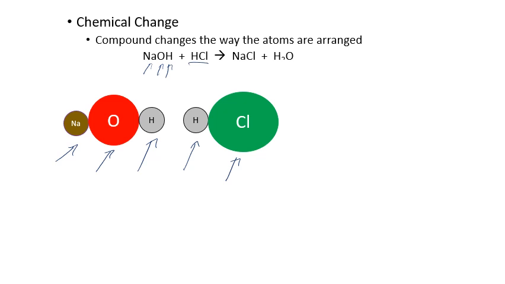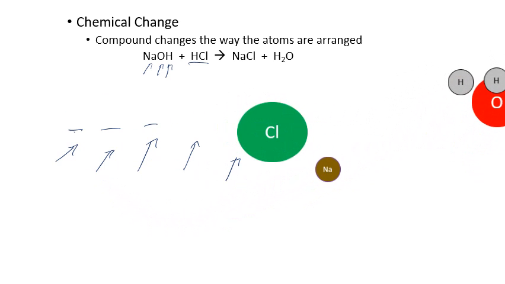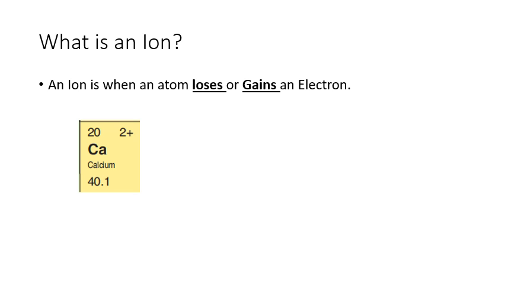Na, O, and H are all bonded together, and what's going to happen is they move around, and we lost some of these over here, but what we see is that those things switched their locations and have now combined with different elements.